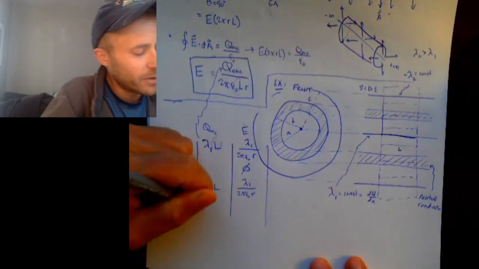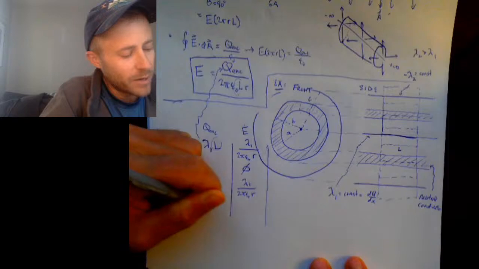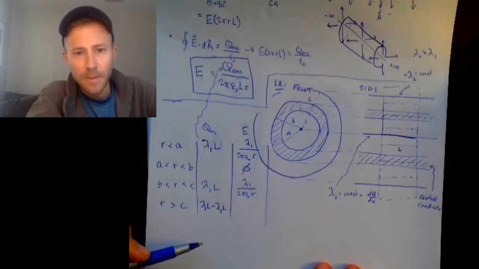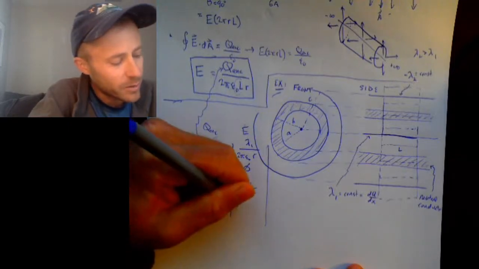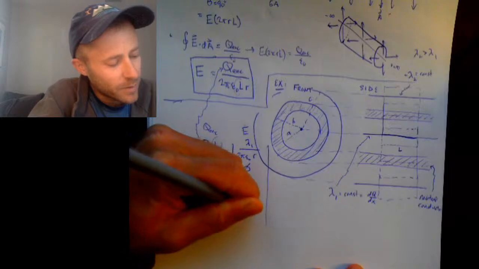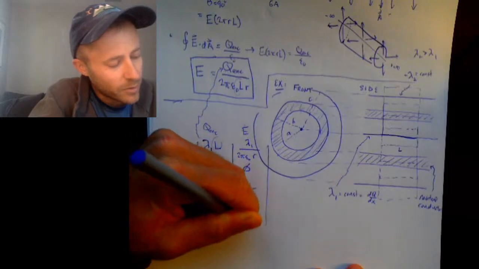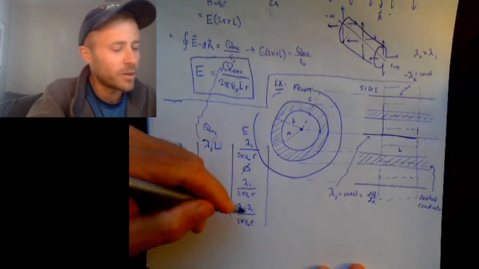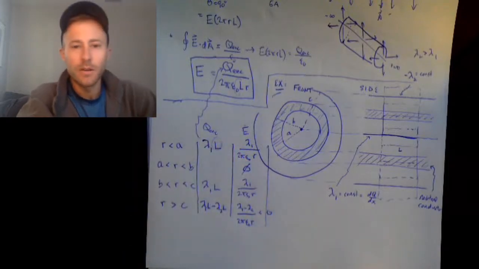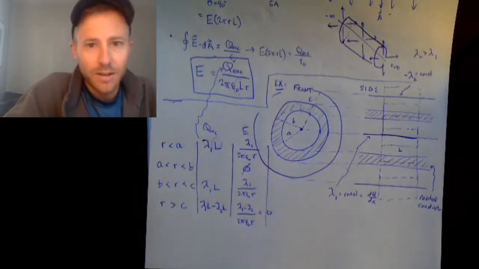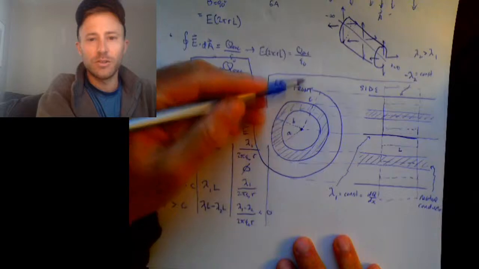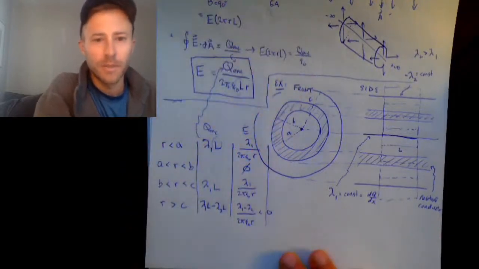That's going to be lambda 1 L minus lambda 2 L. Again, the L's cancel out, and so we get lambda 1 minus lambda 2 over 2 pi epsilon naught R. Because lambda 2 is greater than lambda 1, this is going to be a negative number, which means that the electric field will point inward. So it switches direction from going outward in this region to going inward out here, because there's so much negative charge on this outer toilet paper roll.